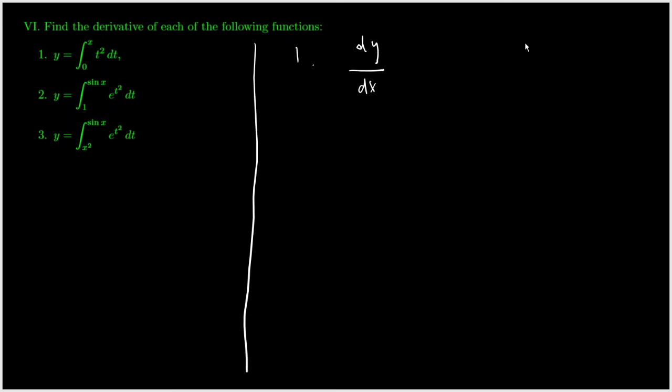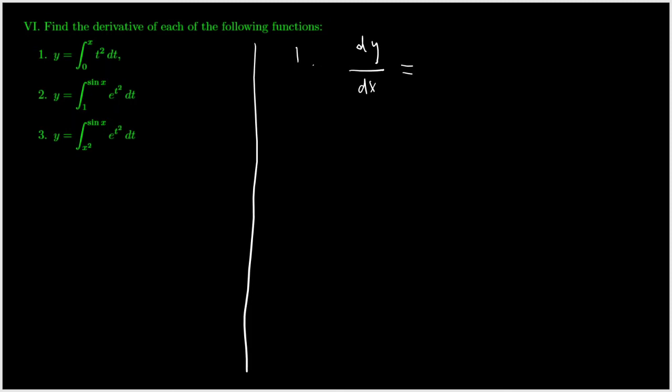If that's the case, all you need is the integrand. The integrand is t squared. You do not use t squared as is. This function is essentially a function of x because the value is dependent on the upper limit.